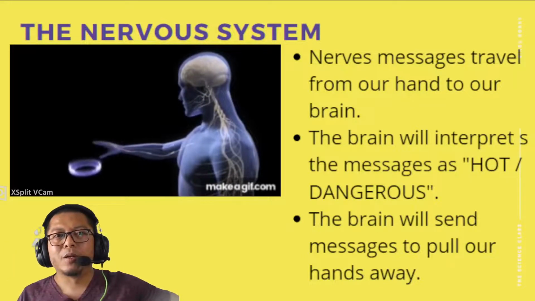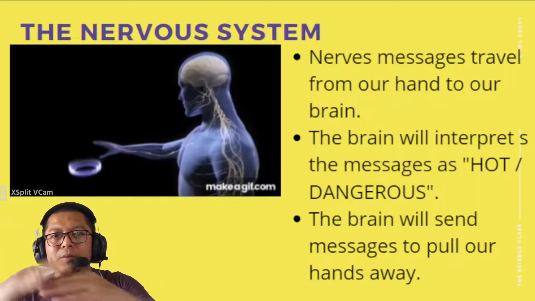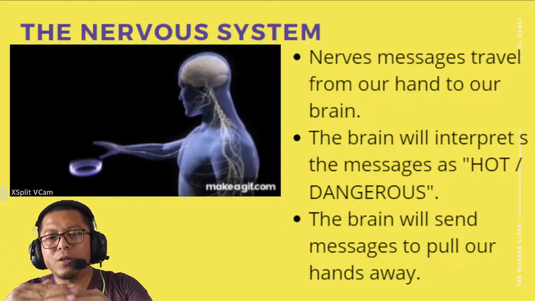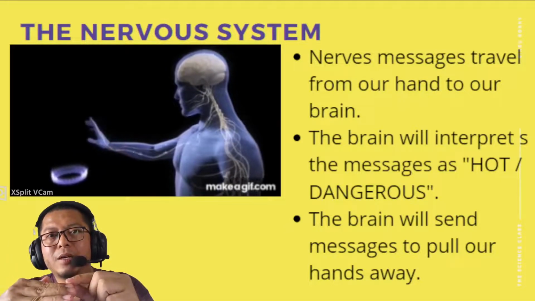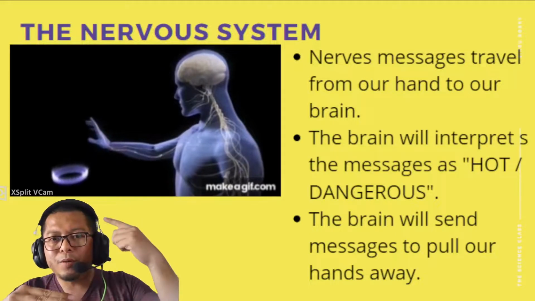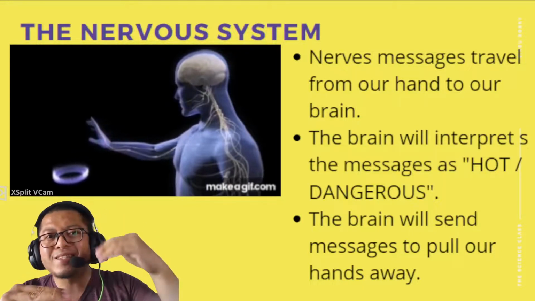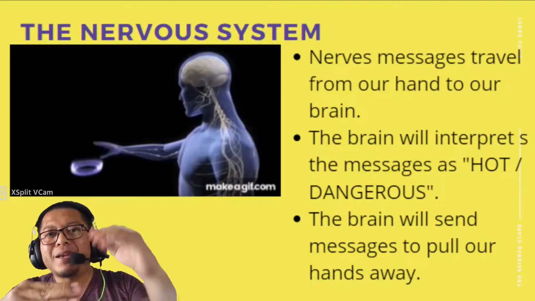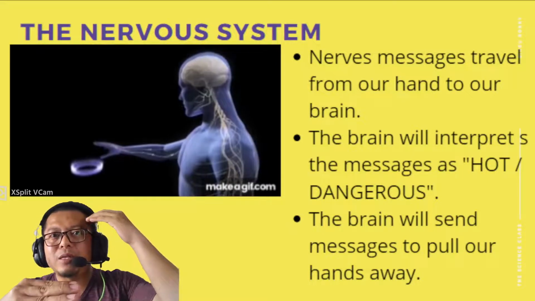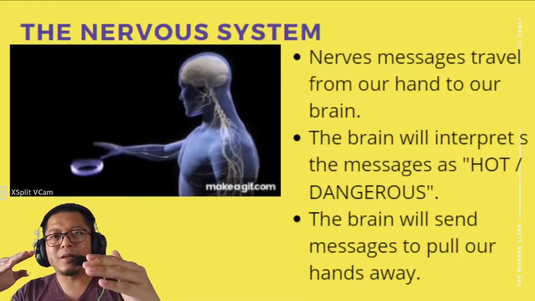What I mean is that when you touch a hot object, of course you will feel hot, but actually the nerves, the sense organ, will send a message from your hand to your brain, and then your brain will translate the message as hot or dangerous, and the brain will send back another message, so you pull your hand away like that.